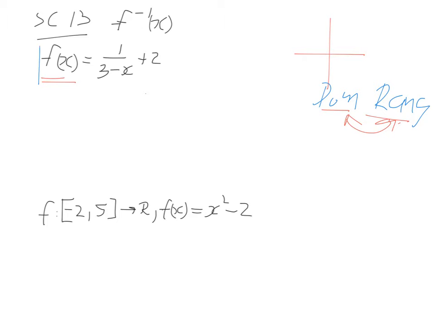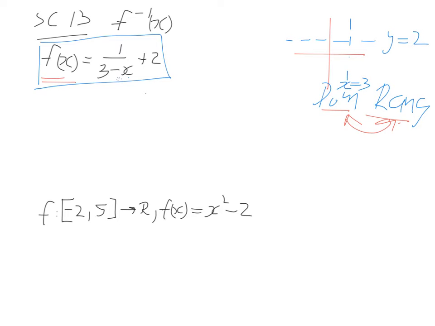So with this one, let's think about f of x equals 1 over 3 minus x plus 2. I know we're going to have an asymptote at y equals 2, and then we're also going to have an asymptote at x equals 3, because as soon as x equals 3, it's divided by 0, it doesn't work.